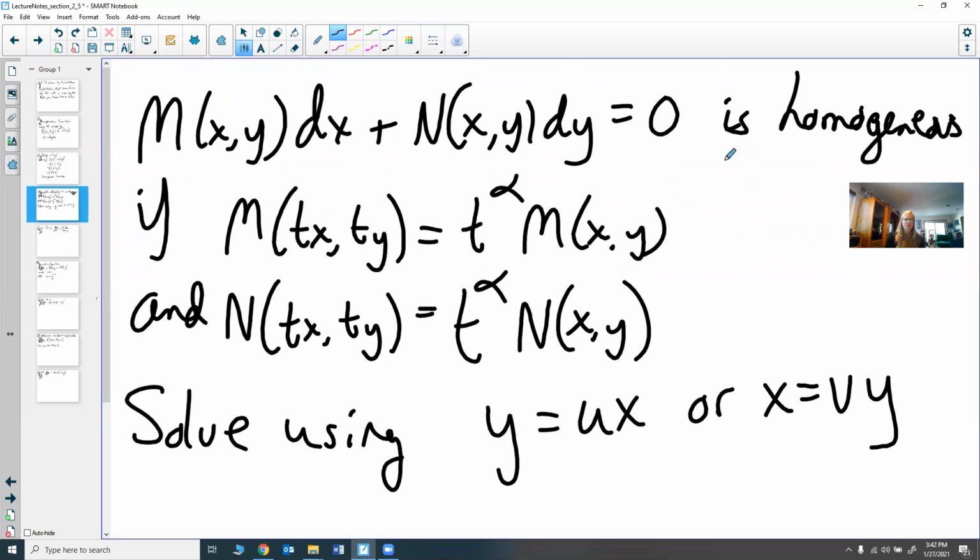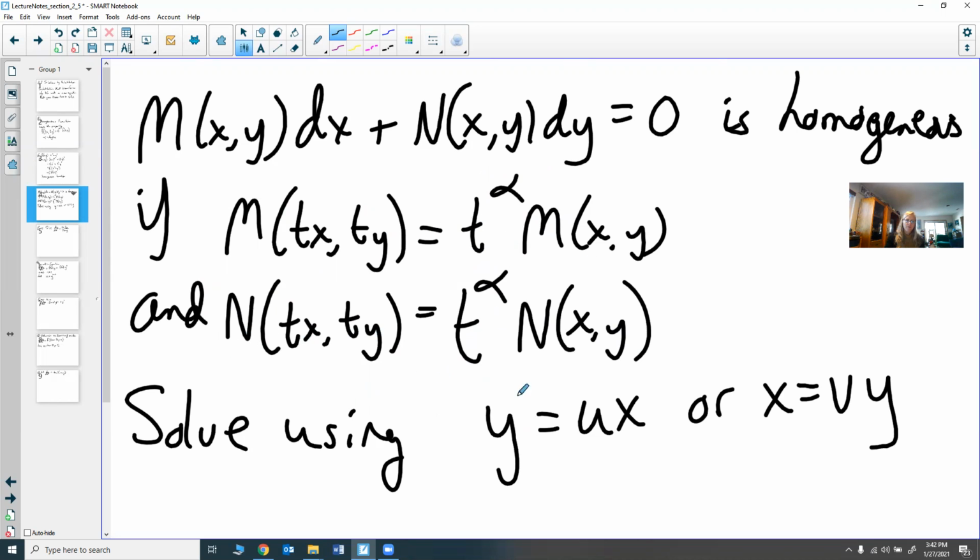This is a homogeneous function if m of tx, ty is equal to t to the alpha m of xy. In other words, we can pull that t to a power out. And n of tx, ty can also be t to the alpha n of xy. Both of them are t to the alpha, the same alpha.